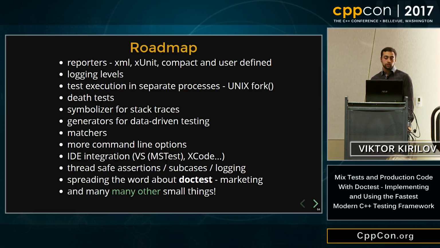And another big feature which is coming sometime is thread-safe assertions, where you would not have multiple test cases running in parallel, but if you instantiate a number of threads within a single test case and want to call assertions from multiple threads, that should be possible in the future. And there is a huge roadmap, with 100 ideas of what to add to the framework. But these are the biggest ones.